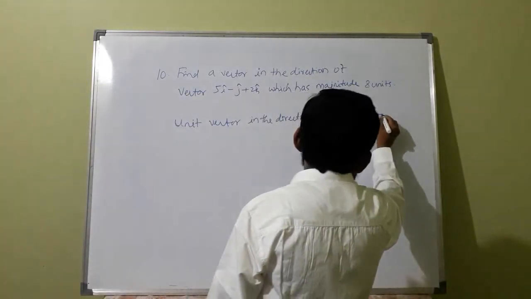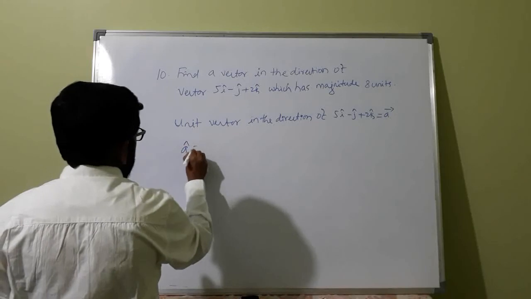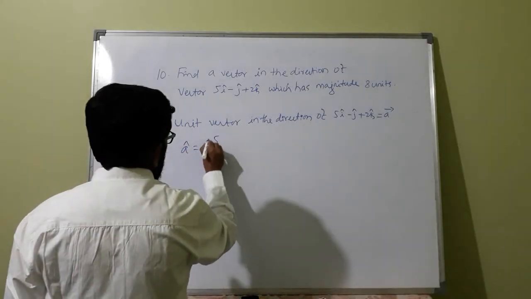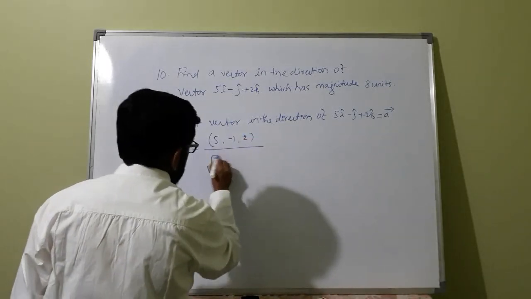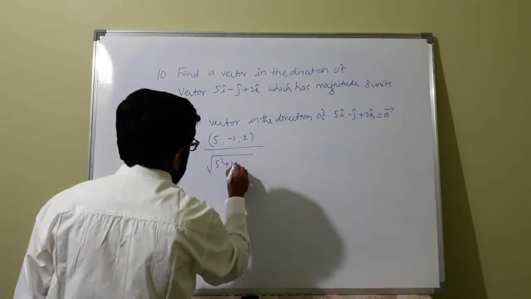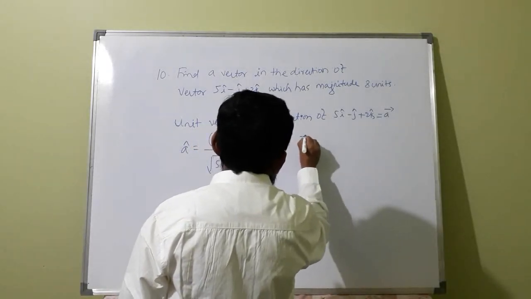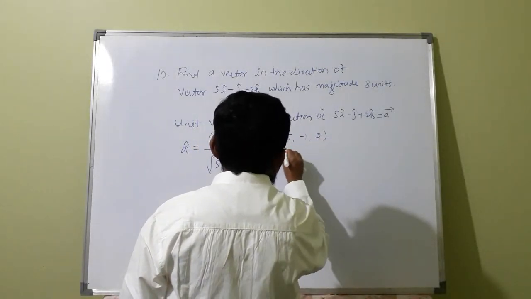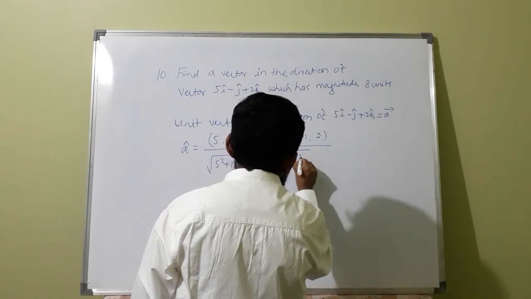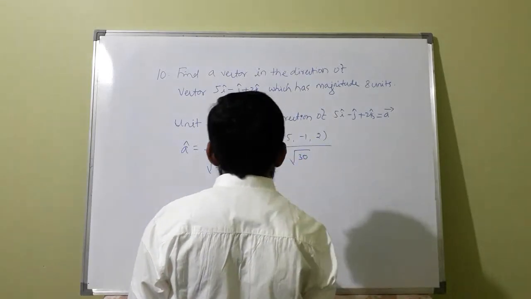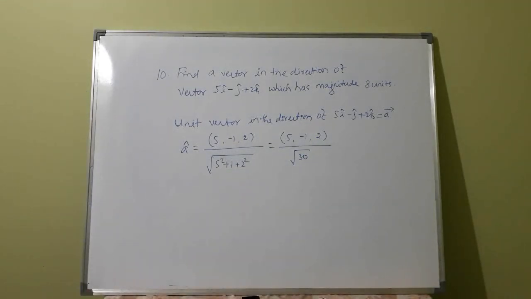Suppose this is a, a cap is equal to 5, minus 1 and 2 divided by square root of 5 squared plus 1 plus 2 squared, that is 5, minus 1 and 2 divided by root of 25 plus 1 plus 4, root 30, it is. This is the unit vector along that one.